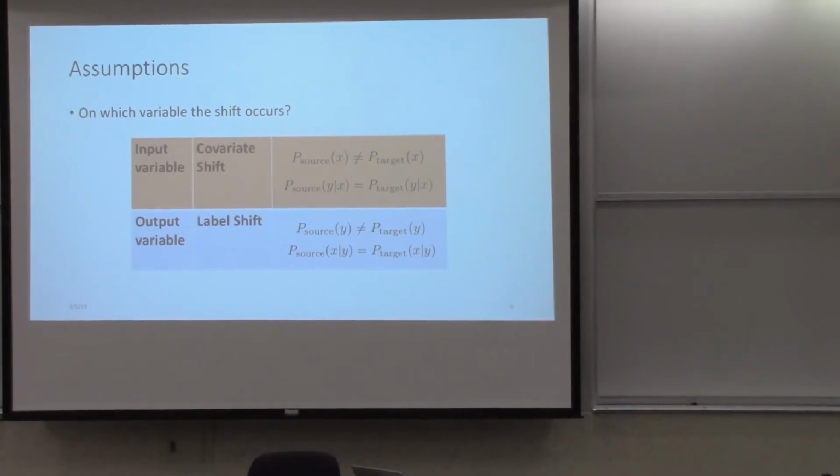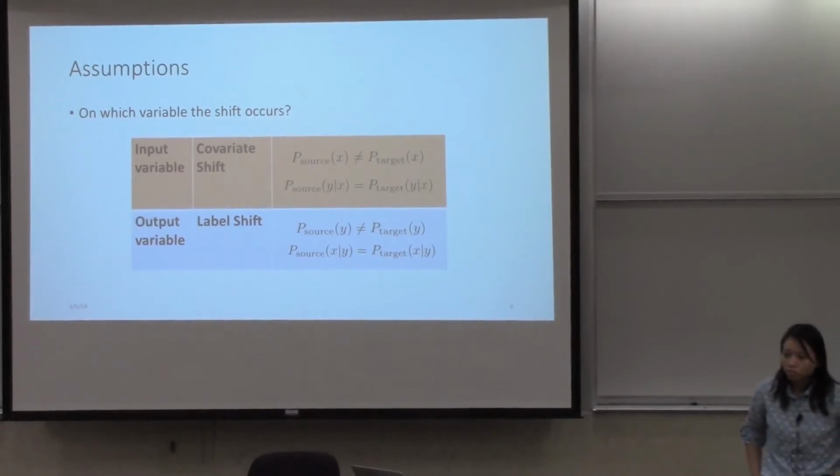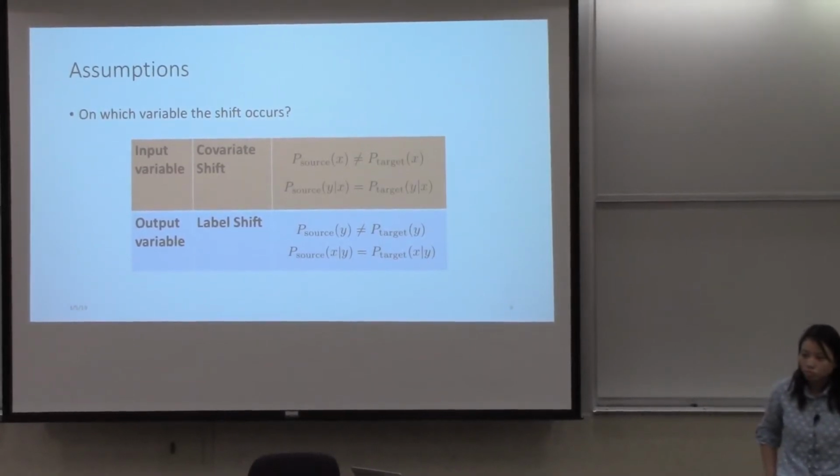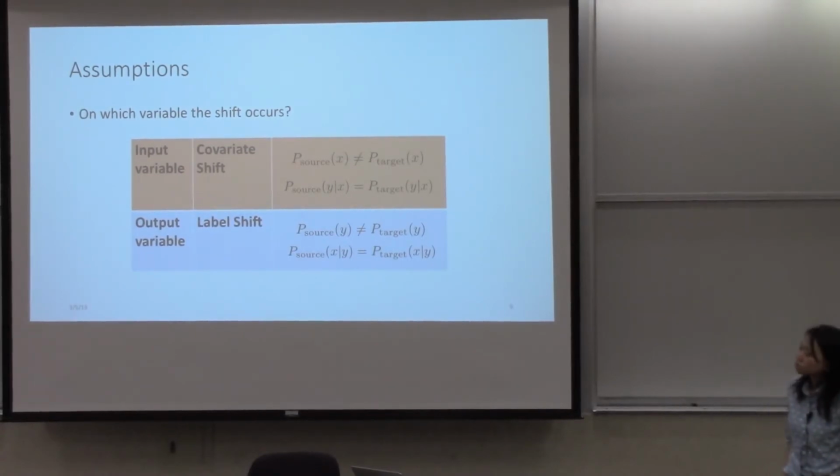For the first case, I have an example, I'm not sure whether it is correct. For example, we take pictures both horizontally and vertically. We train a model on horizontal pictures, but then try to use it on vertical ones. It doesn't mean that we have a different source distribution, but P of Y given X is the same.